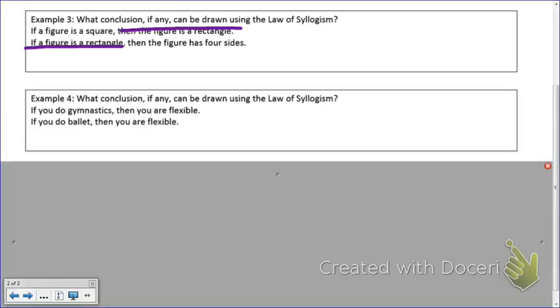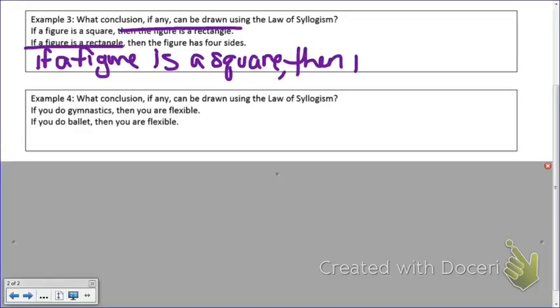Notice that it is the conclusion of the first statement and the hypothesis of the second statement. So if I read what is remaining, then I can draw a conclusion based on the law of syllogism. My conclusion here is if a figure is a square, then the figure has 4 sides.